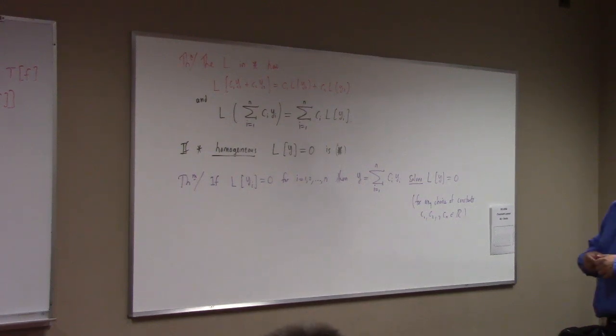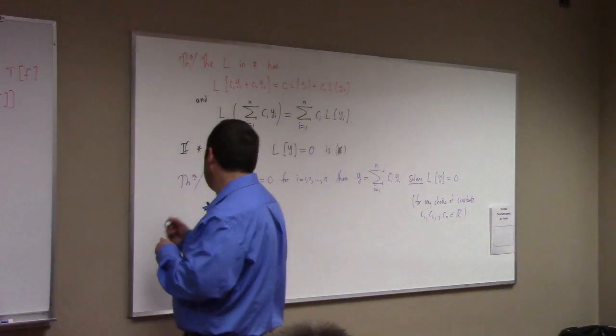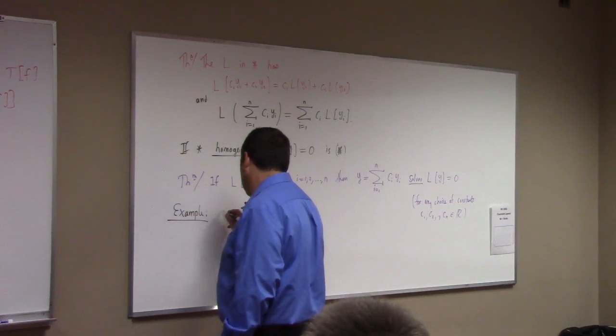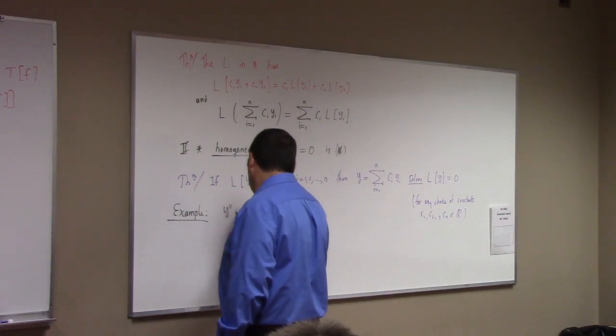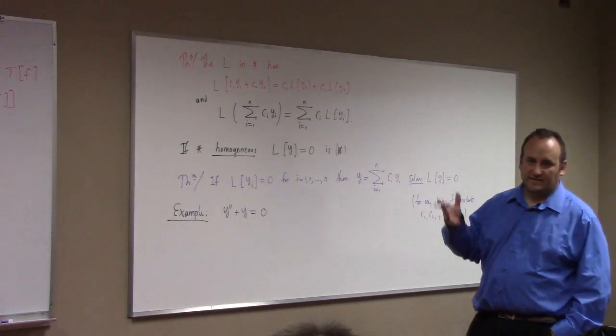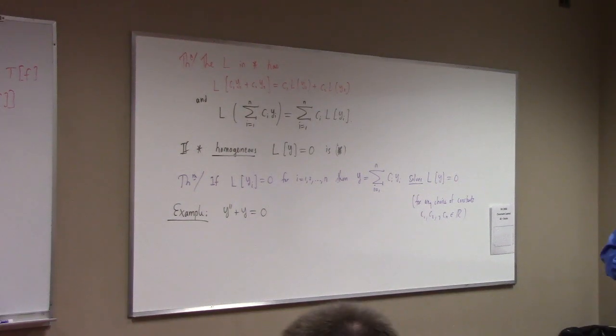Now, let me make this a little bit less abstract for a second, just so I don't lose you. For example, we've thought about y prime prime plus y equals 0, right? That's a constant coefficient problem. It's homogeneous. What's the L?